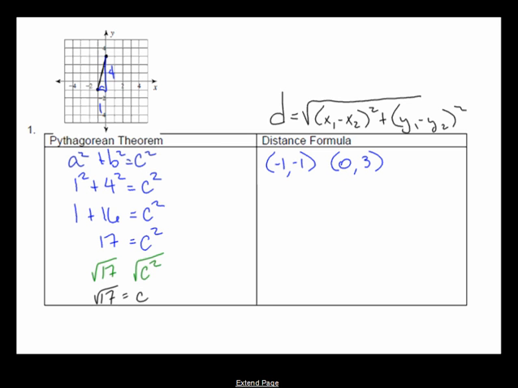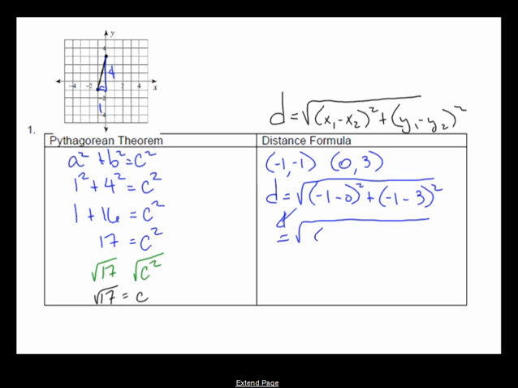So we plug this into our formula. We put the square root of (-1 minus 0) squared plus (-1 minus 3) squared. We do our little bit of arithmetic here.